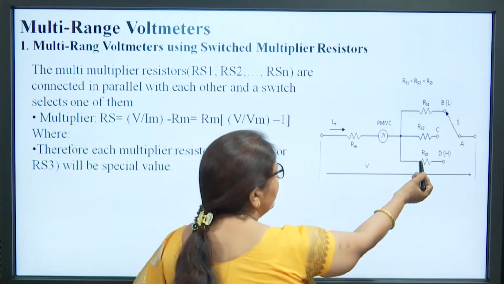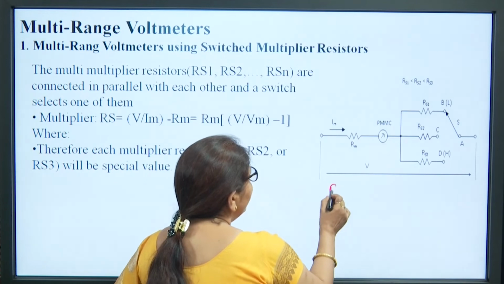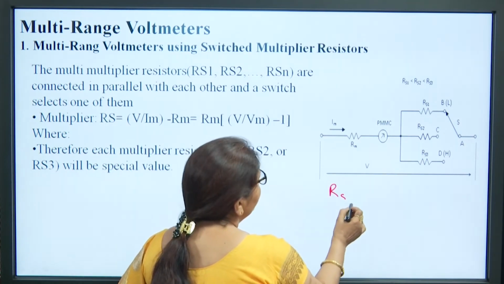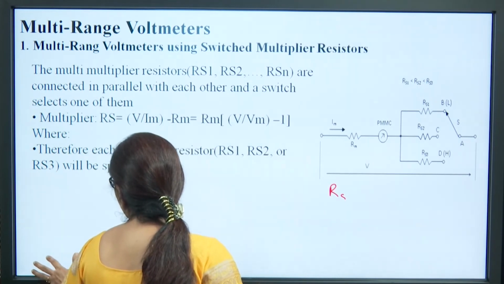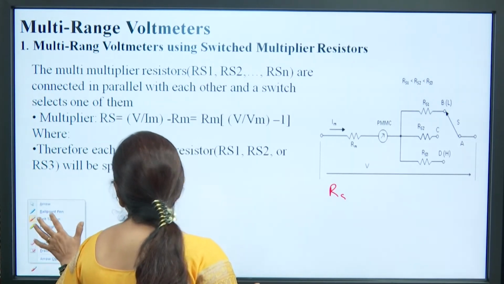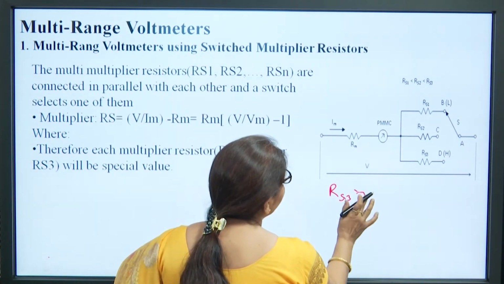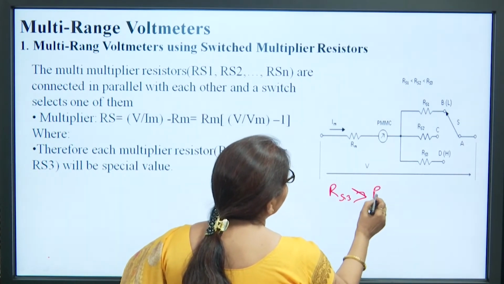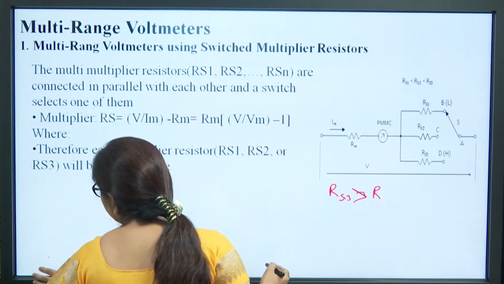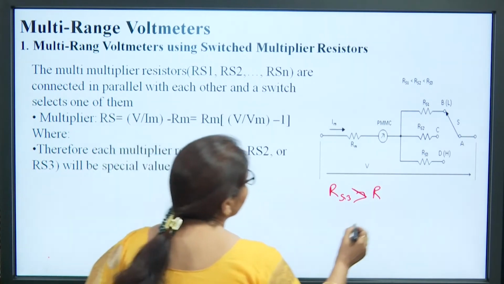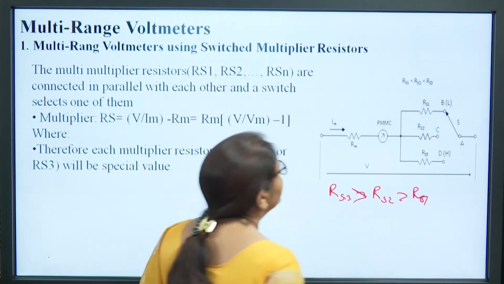So, here the value of Rs3 should be very high, greater than Rs2, and Rs2 should be greater than Rs1.